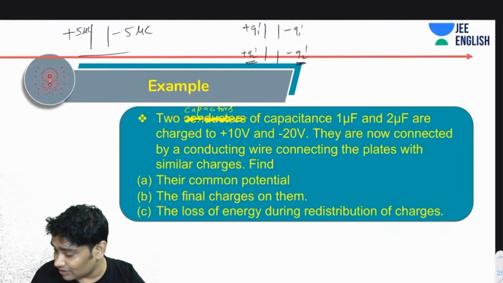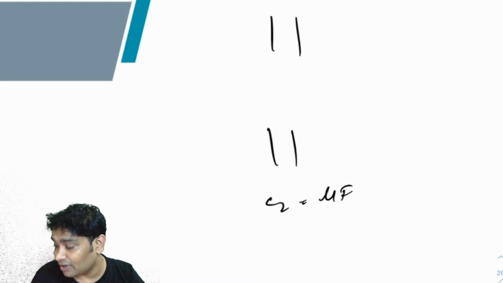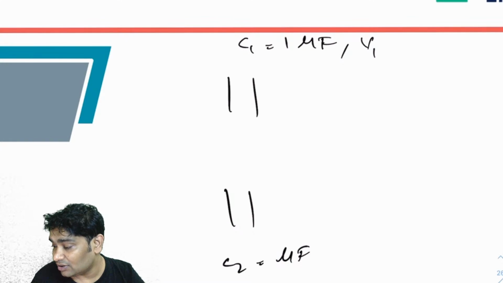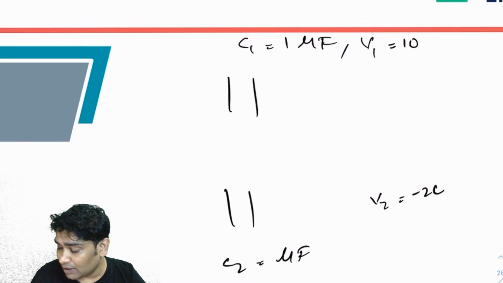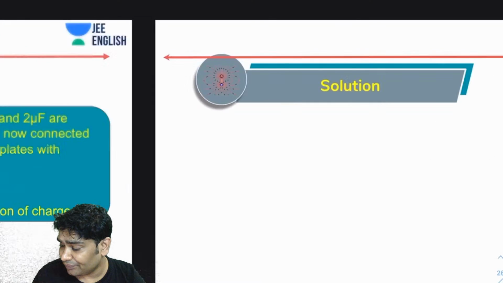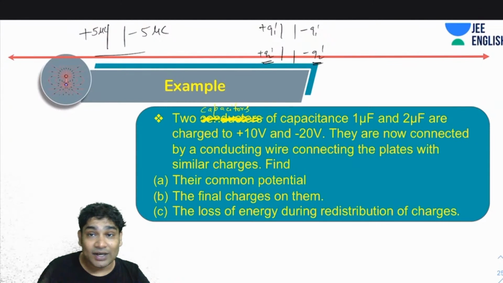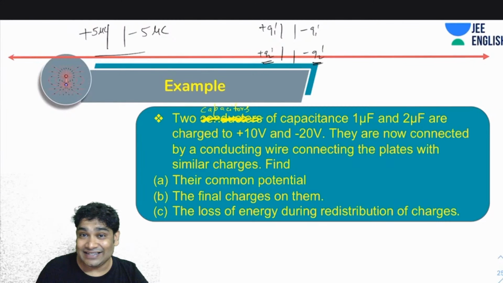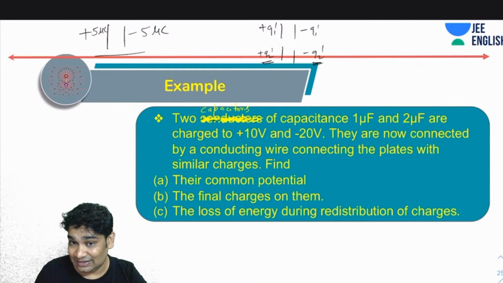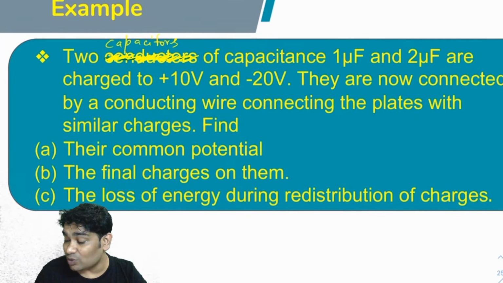V1 I think was 10, V2 I think was minus 20. Okay, now please pay attention. What does the language say? The language says that the conducting wire connects the plates with similar charges. Okay, with similar charges. So please remember this.